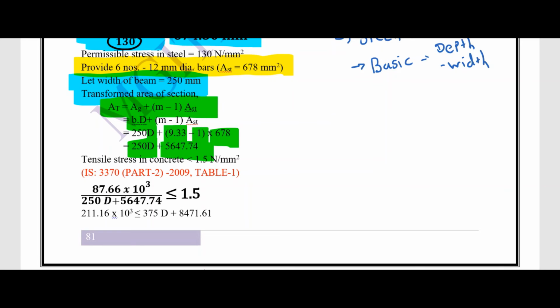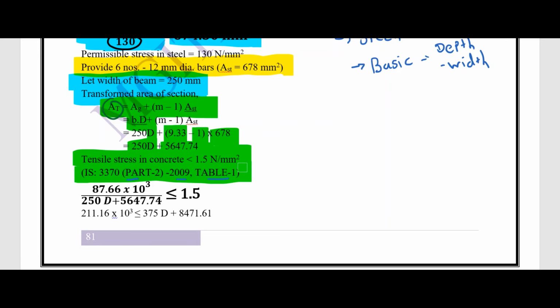We have to find out D, but one more missing value is AT, and AT is given in IS 3370 Part 2, 2019, Table number 1, which gives the tensile stresses in concrete.